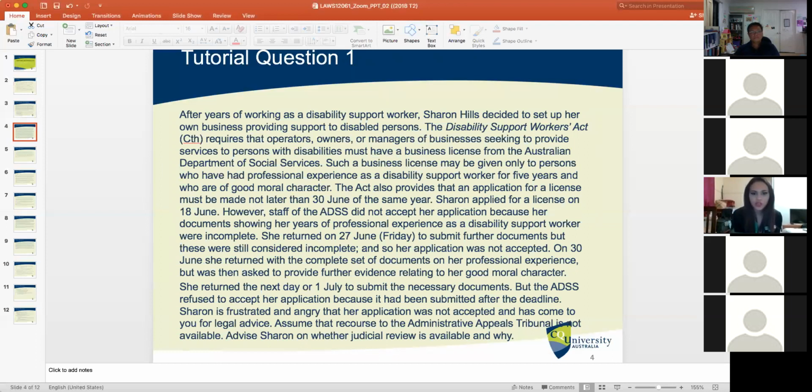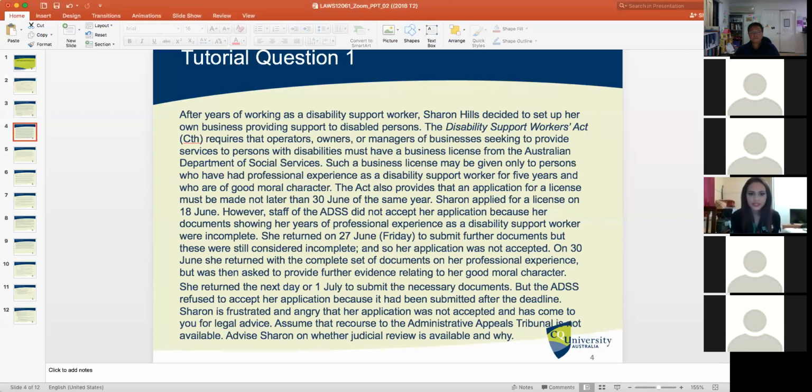She returned on the 27th of June, Friday, to submit further documents, but these were still considered incomplete, and so her application was not accepted. On 30th of June, she returned with the complete set of documents on her professional experience, but was then asked to provide further evidence relating to her good moral character.